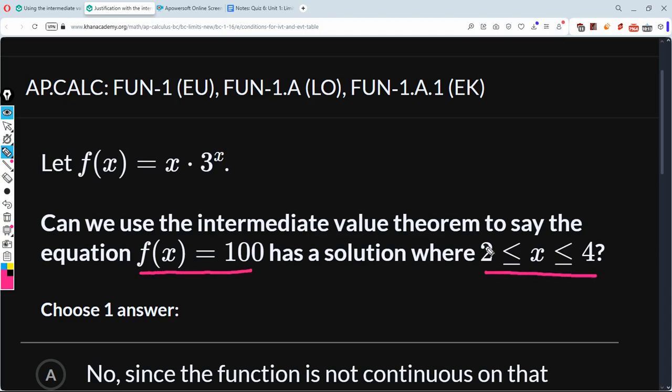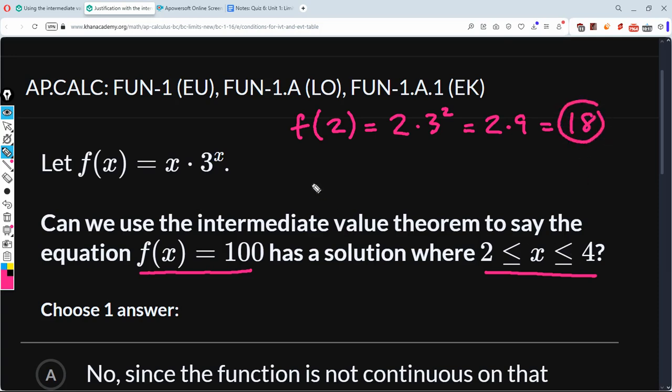All right, and we want to see if f of x equals 100 is going to be between x equals 2 and 4. Well, first let's do the endpoints here, f of 2, because x is going from 2 to 4. If we do f of 2, that's going to be 2 times 3 squared. I just subbed in 2 in place of x. 2 times 3 squared is going to be 2 times 9, which is 18.